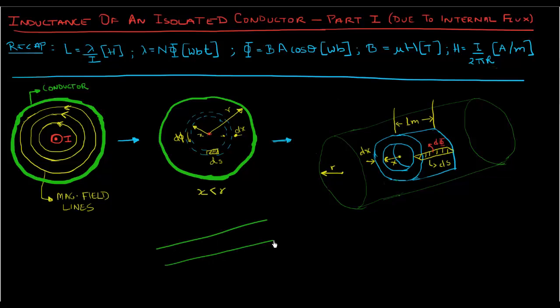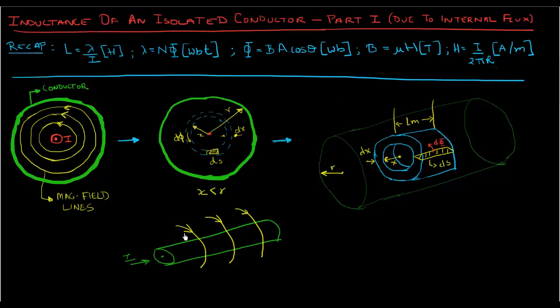So going back to our solid cylindrical conductor, when we say there's a current I passing through this, what we said was there are flux lines around it, right? And our right hand rule gives us that the flux line in this case would be in a clockwise direction.